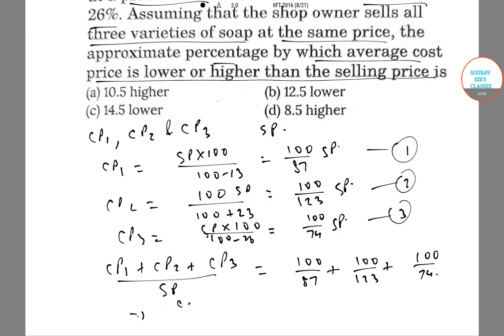This gives us (CP1 plus CP2 plus CP3) by SP is equal to 3.313.